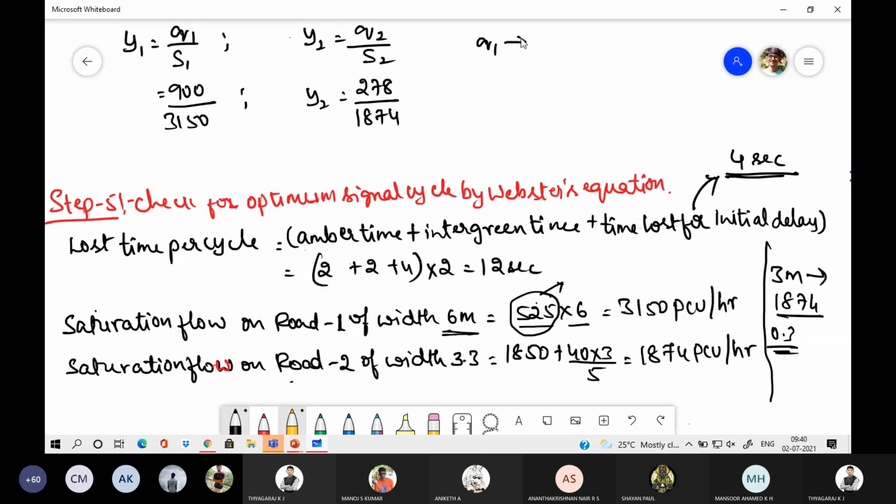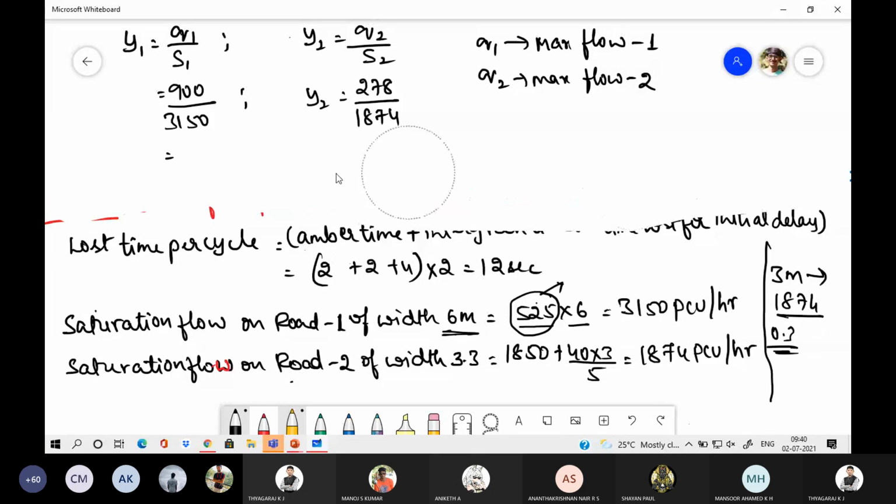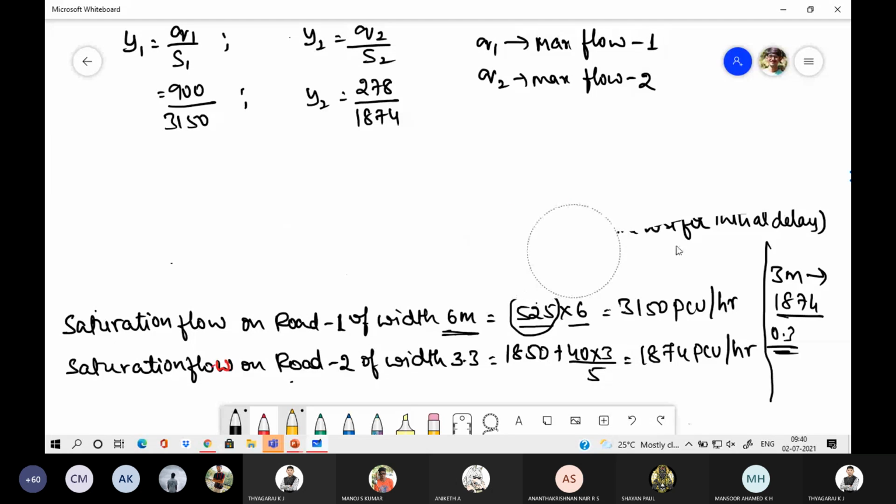Here Q1 is the maximum flow we are going to consider on road 1, and Q2 is the maximum flow on road 2. Now check how much you get. 900 by 3150 is 0.28. From now onwards it is Webster's method.